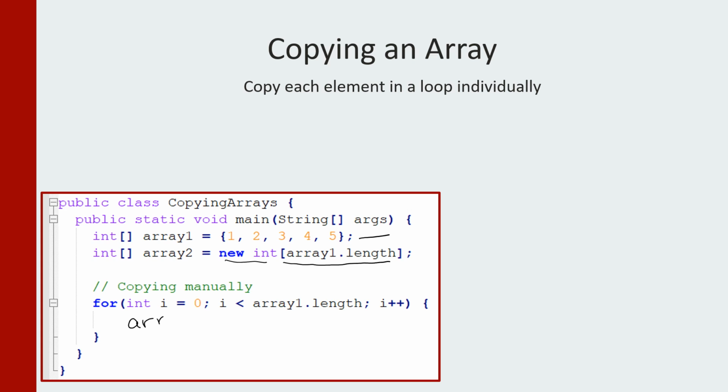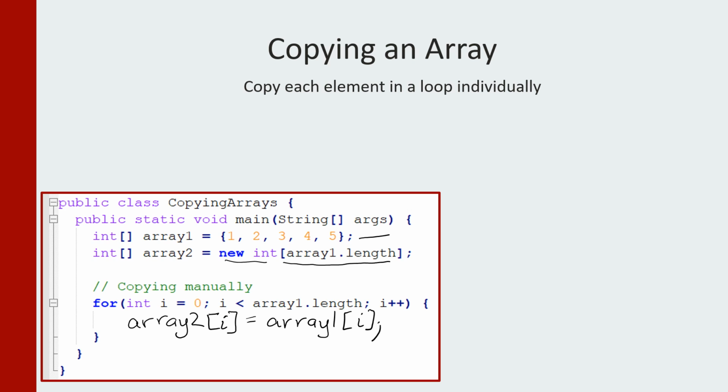And I'm going to set at each position array 2 at i equal to array 1 at i. Because I'm setting this individually, element by element, it actually does copy array 2 into a totally different location, and you can change it differently from the way you change array 1.